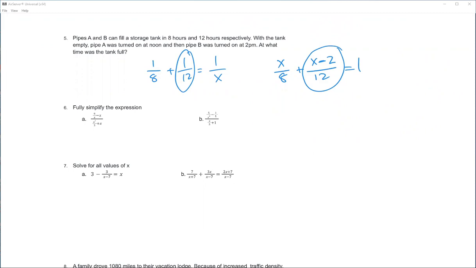The common denominator is 24. So this will be 3x. We multiply a 2 to this, so it'll be 2x minus 4 is equal to 1. Combine like terms, so it'll be 5x minus 4 over 24 is equal to 1.